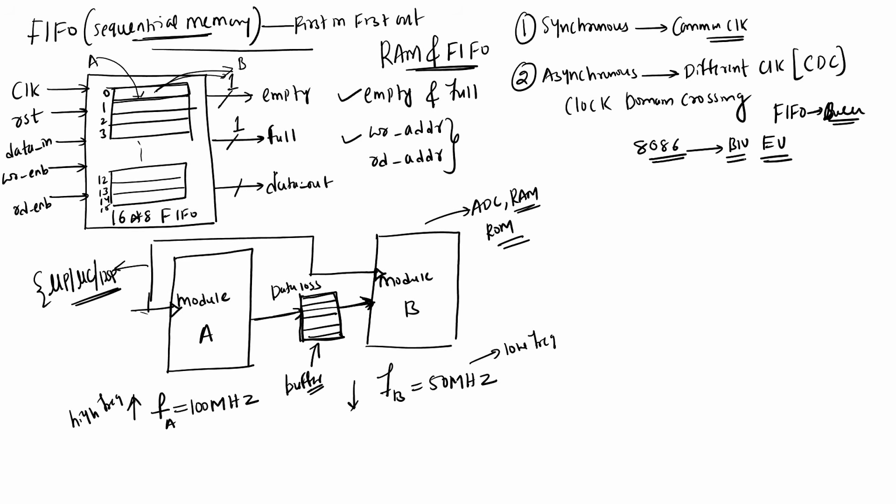In the bus interface unit there is a 6-byte queue, so 6 bytes of instructions are available. This is one type of parallel processing. When execution completes, the next instruction is ready to be fetched to the execution unit. In order to avoid data loss, we are using this FIFO.